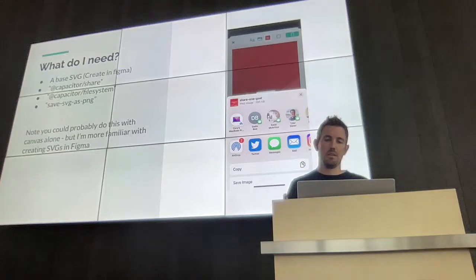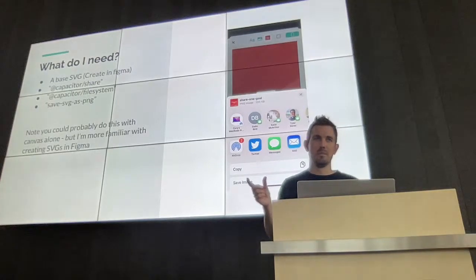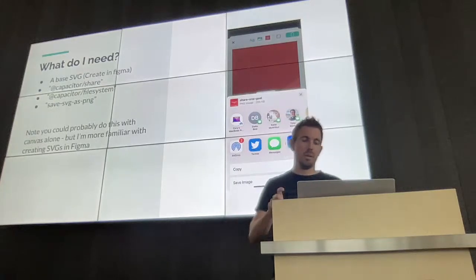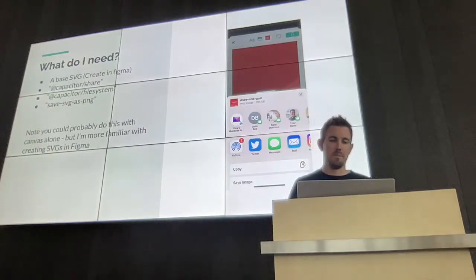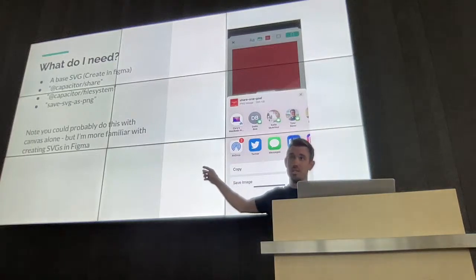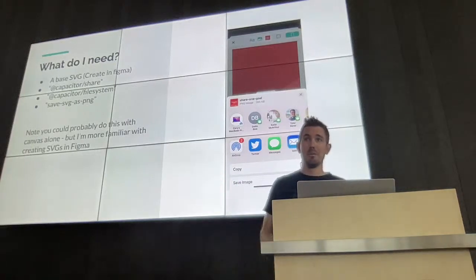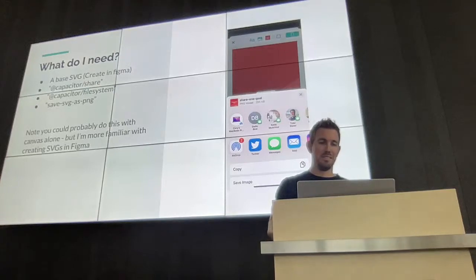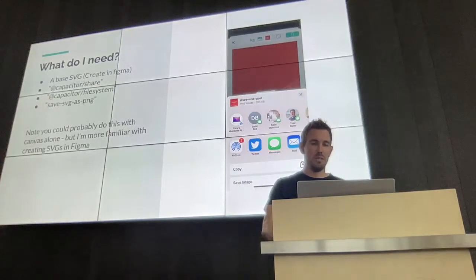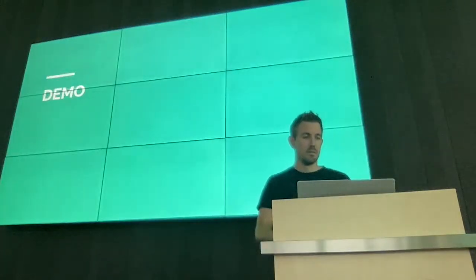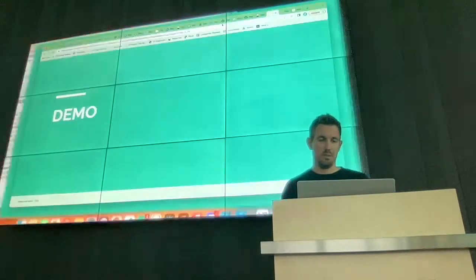And then an NPM package called Save SVG as PNG, which converts your SVG to a PNG that you can then save and share. There's probably other ways to do this. My little note here: you could probably do this just with Canvas alone, but I'm not familiar with Canvas. So rather than digging into Canvas, I used a plugin from SVG. Okay, so let's jump into the demo.